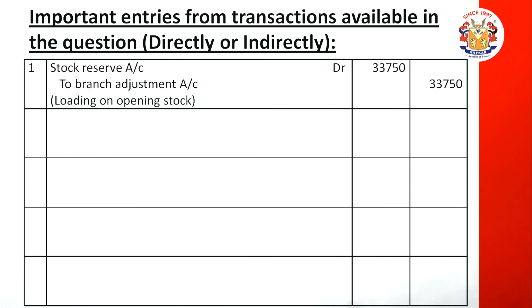But obvious, unrealized profit in opening branch stock will be cancelled. Means here we are going to cancel opening balance of stock reserve. So entry will be like this: stock reserve account debit 33750 to branch adjustment account 33750.